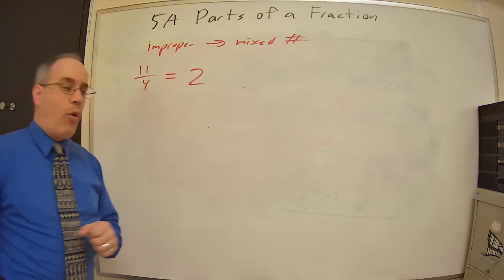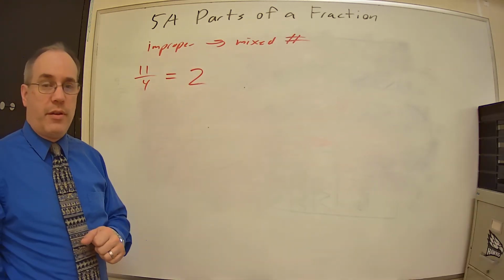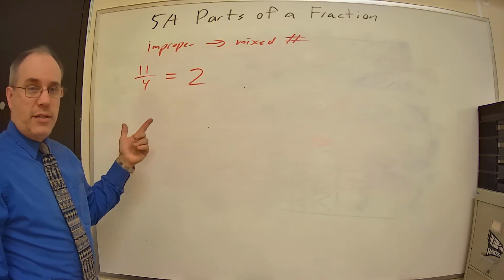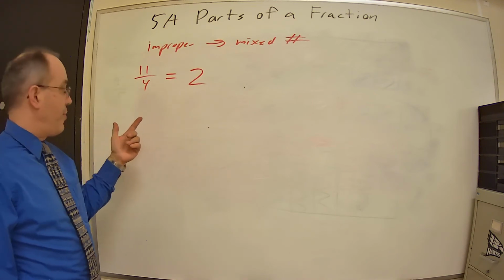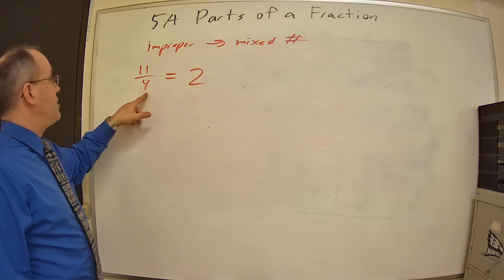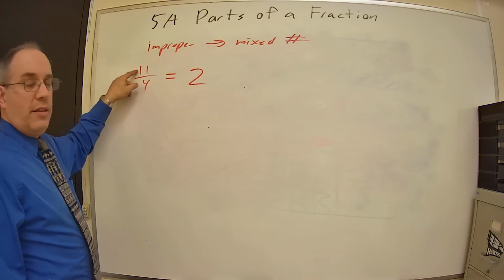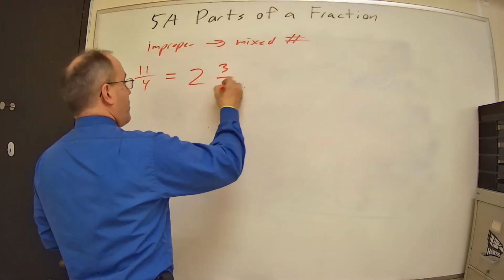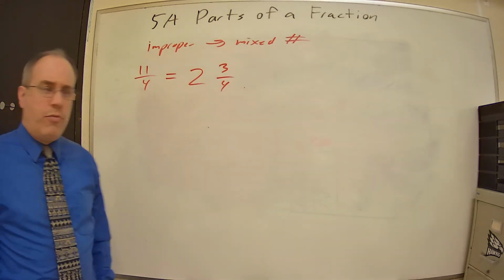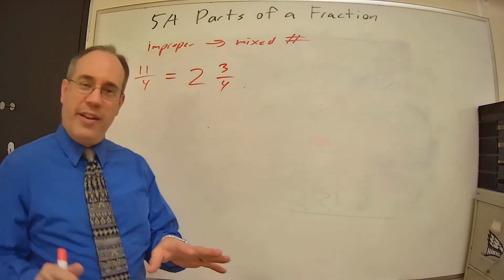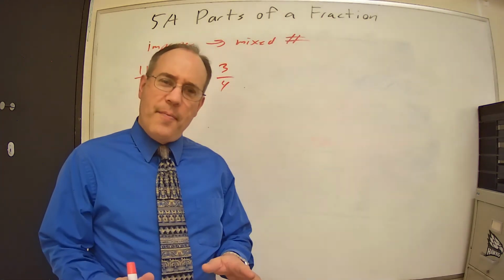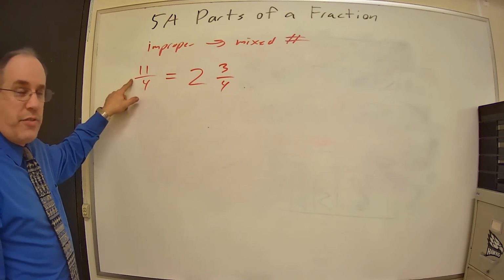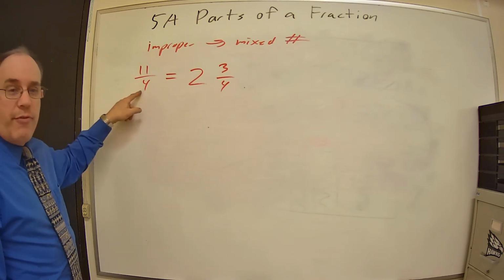That becomes my whole part. 2 times 4 is 8. 11 minus 8 is 3, so we have 3 left over, 3/4. Whoa, slow down. Say what? Fractions are just division, aren't they? 11 divided by 4.